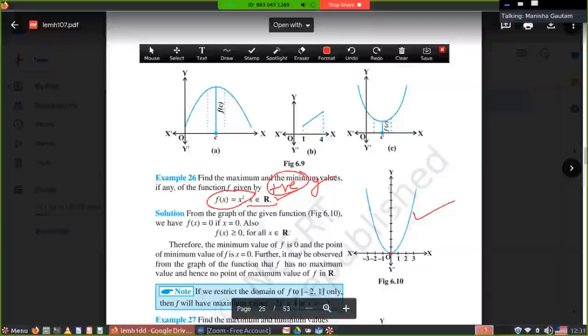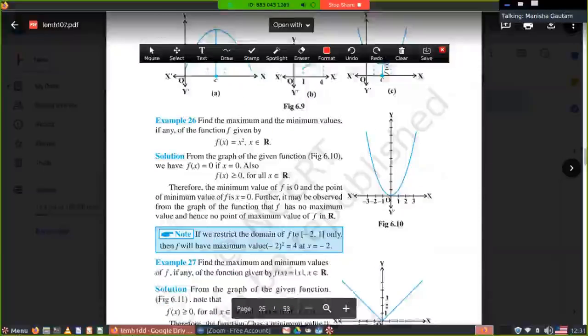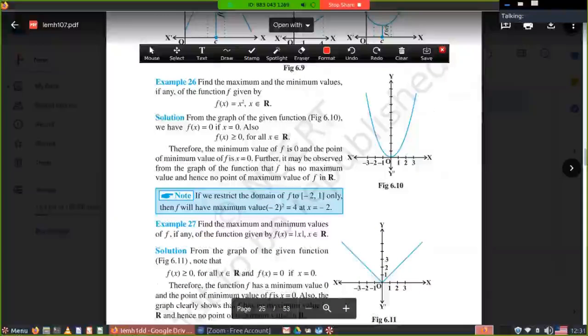Now read the paragraph. You will get an idea about what I am saying to you. There is a minimum, therefore the minimum value of the function is 0. The point of minimum value of f is x is equal to 0.